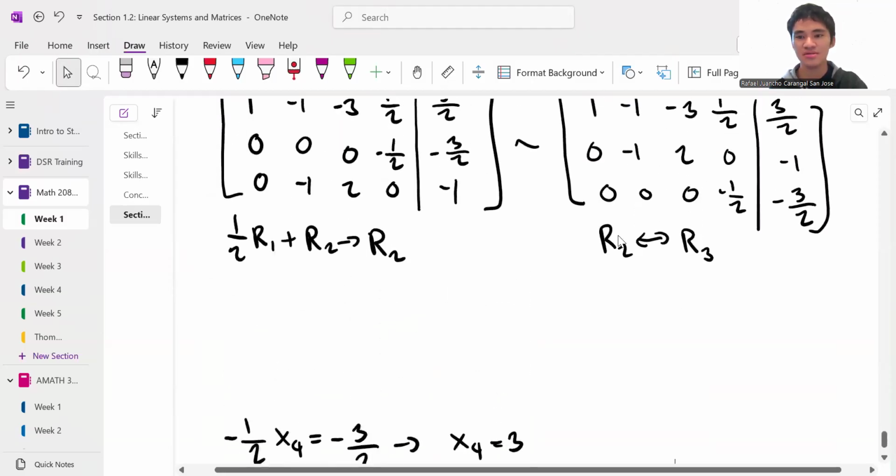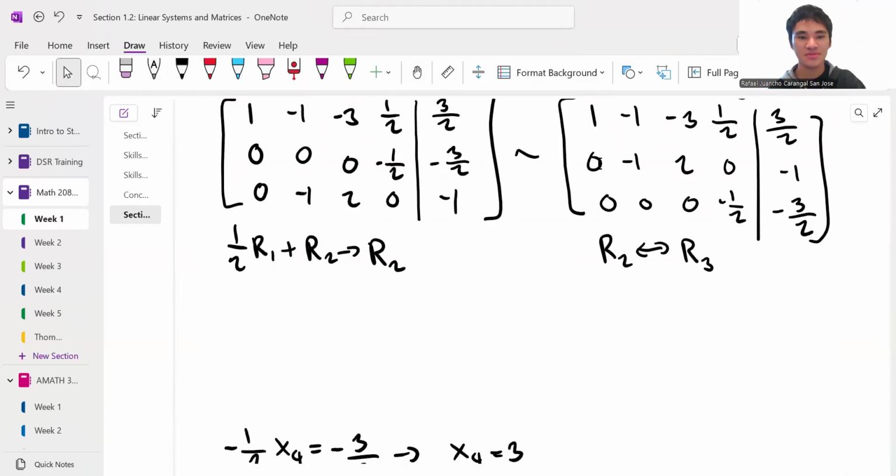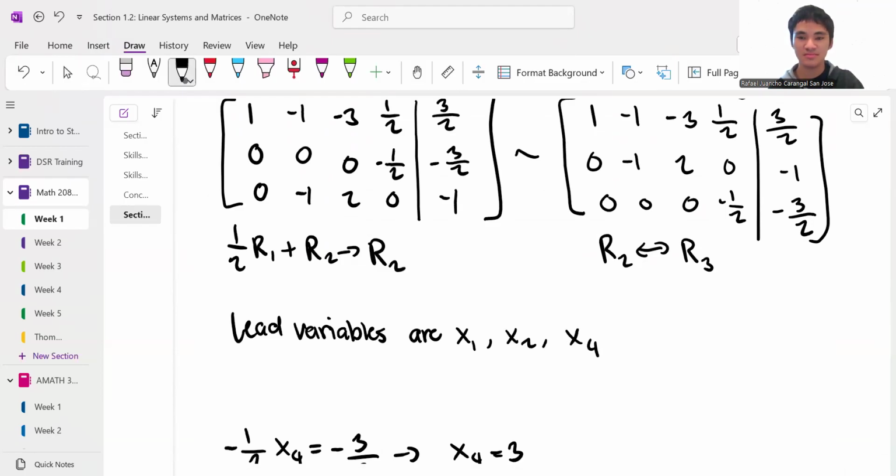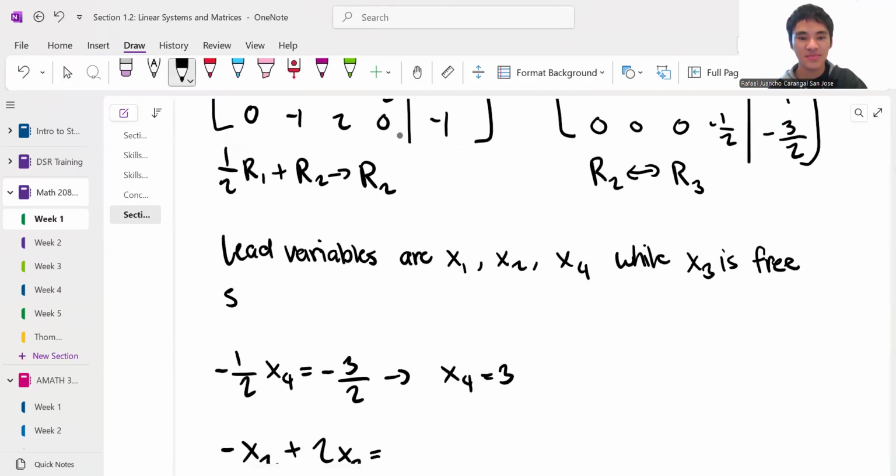So where are the lead variables? Leading variables are, or lead variables. We say x sub 1 is, x sub 2 is, x sub 4, right? While x sub 3 is free. So we call this a free variable. And so we set a free parameter, s sub 1, where s sub 1 is a free parameter.